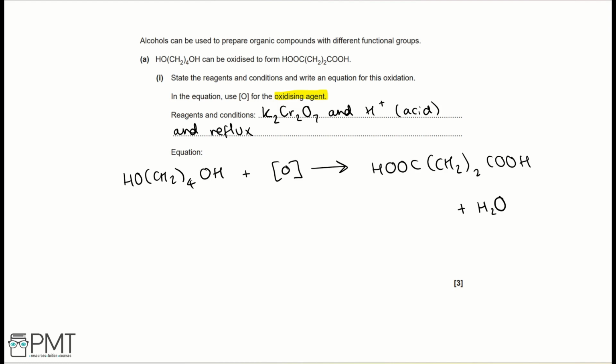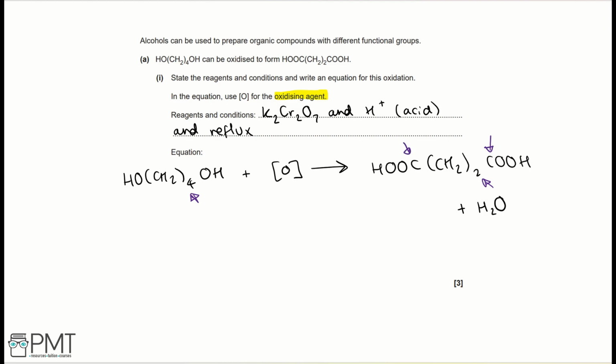If we look at the carbons, it might seem like we've got different numbers of carbons because we've got 4 here, but we've got 2 here. But this 2 is not including this carbon and this carbon. So we still have 4 carbons. But our number of hydrogens has changed.